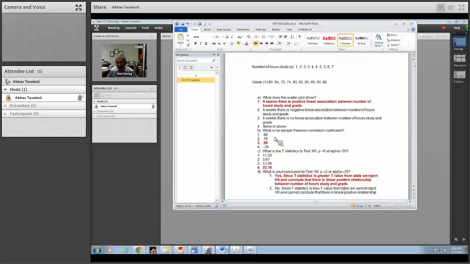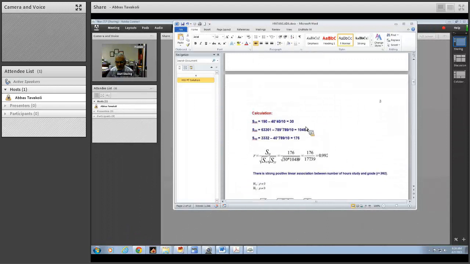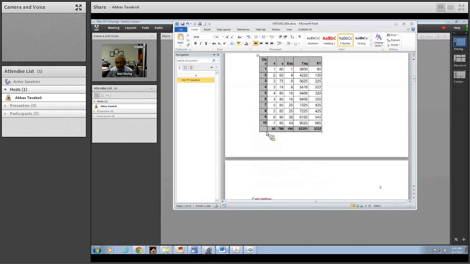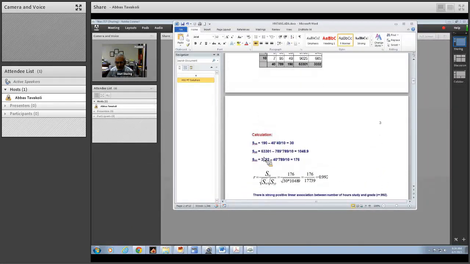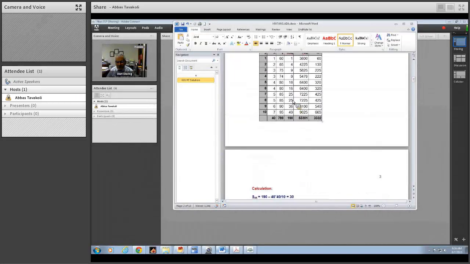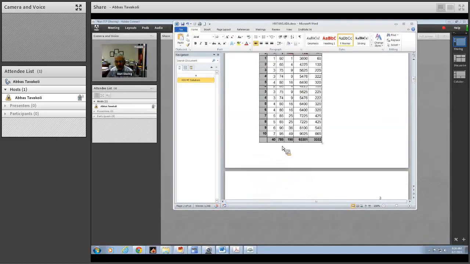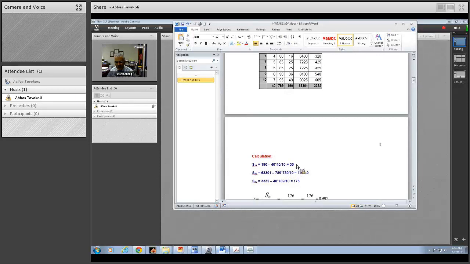And I ask you to look at what the sample Pearson correlation is. Again, you could have used this table to calculate SXX, SYY, and SXY using the formula, replacing x for SX, the sum of x squared minus x bar squared over n. You get 30.